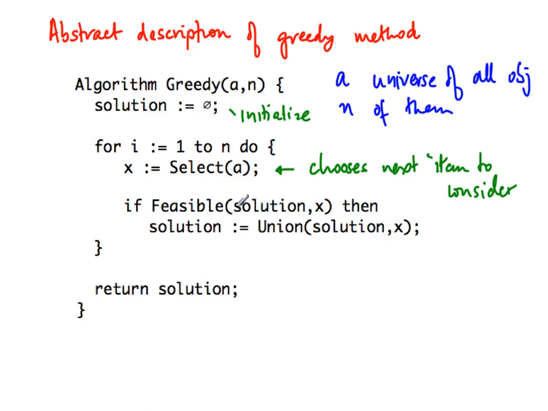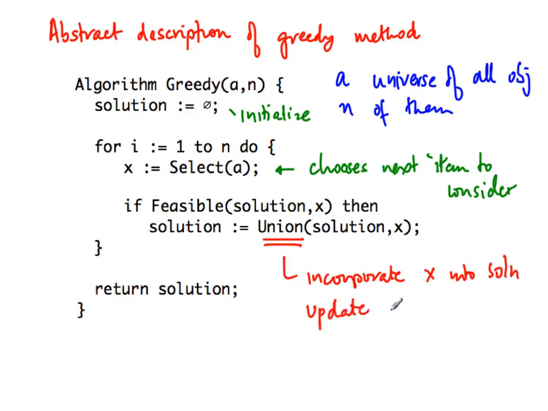So once we have checked that it is feasible, then we will extend the solution. This is abstractly captured by this union operation. What union encapsulates is that you want to incorporate X into the solution and you want to update the state or the objective function or various things.